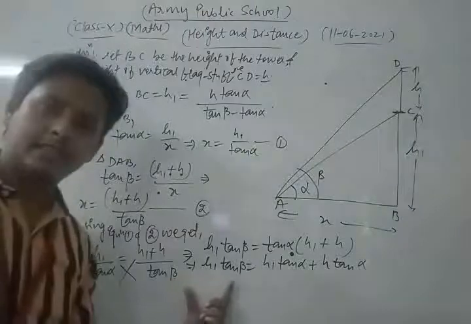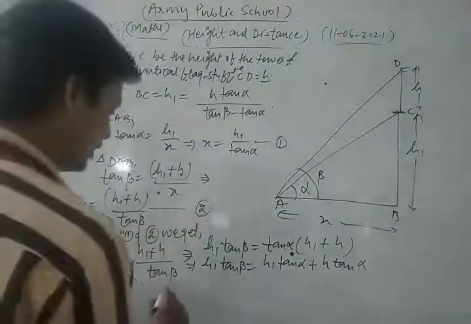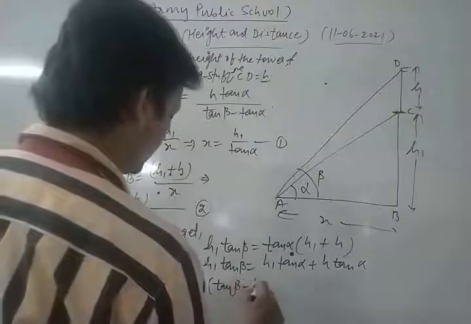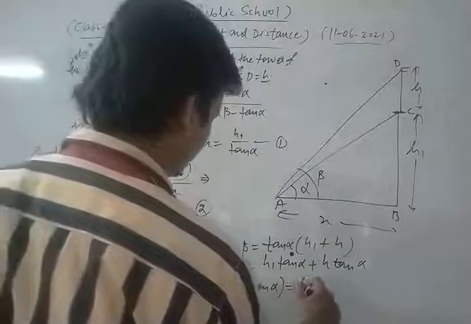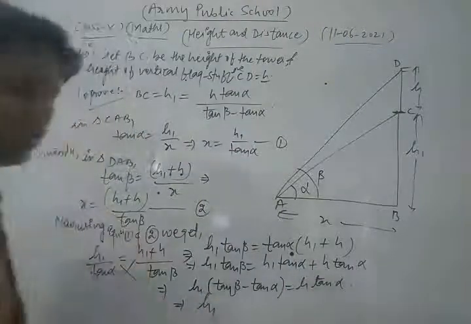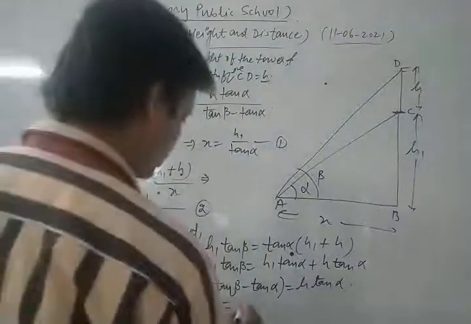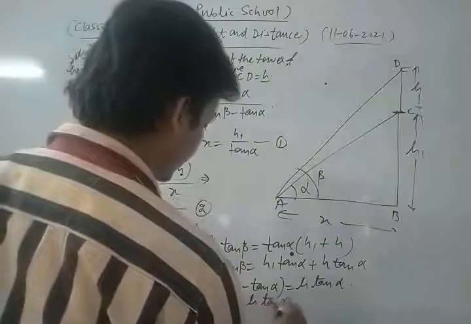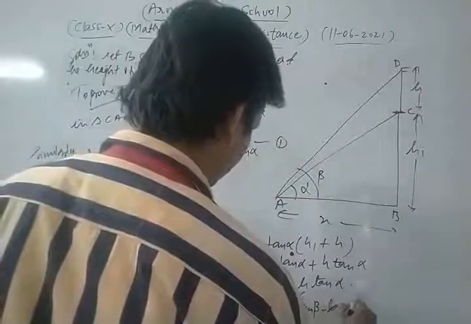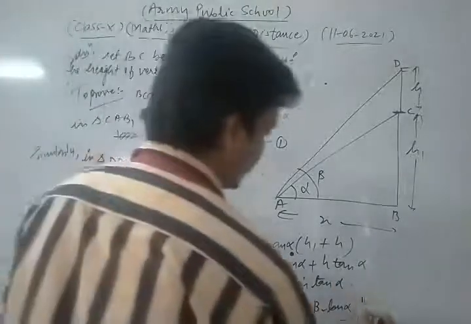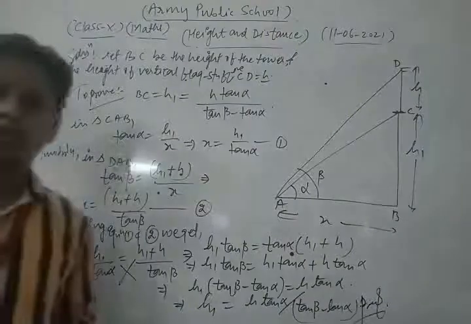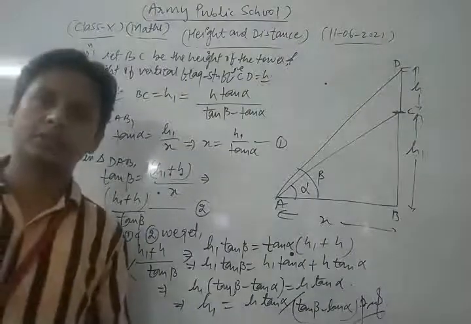Now we transfer that side, taking h1 common, so h1 into tan beta minus tan alpha is equal to h tan alpha. So the height of the tower h1 is equal to h tan alpha upon tan beta minus tan alpha, hence proved.